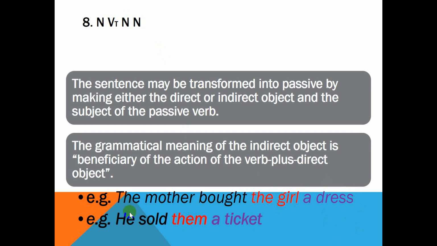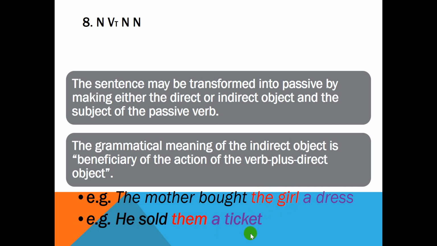The mother bought the girl a dress, meaning the mother bought a dress for the girl. The girl here is in the position of indirect object, because the girl is the beneficiary of the action.